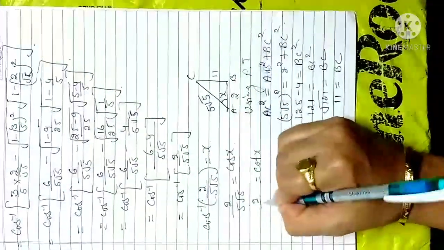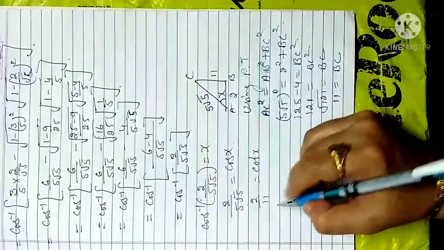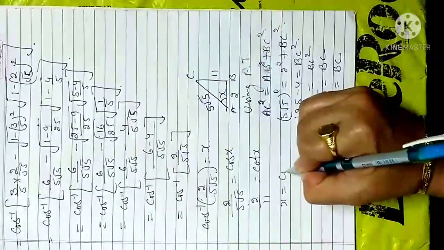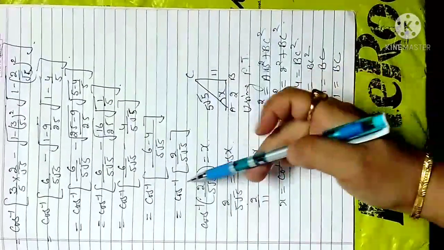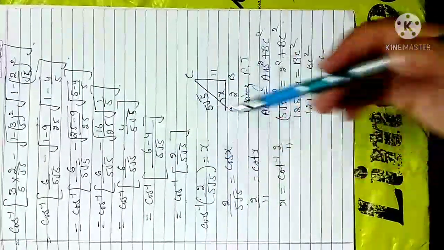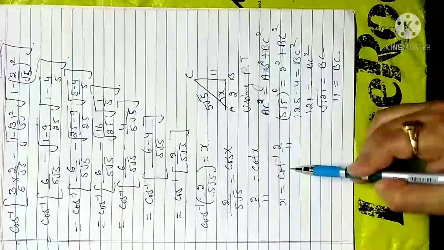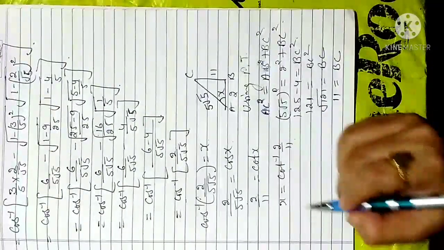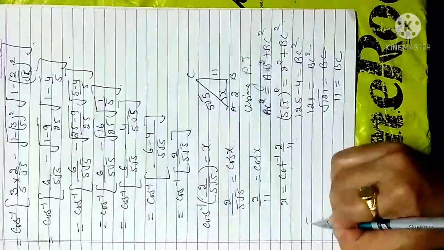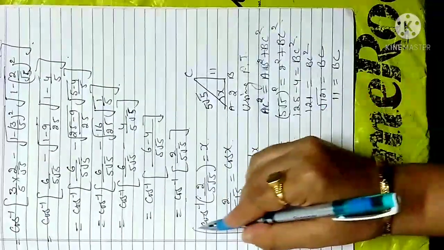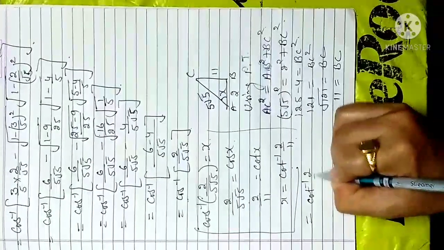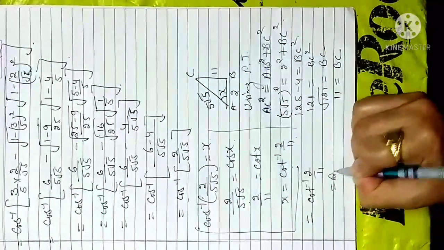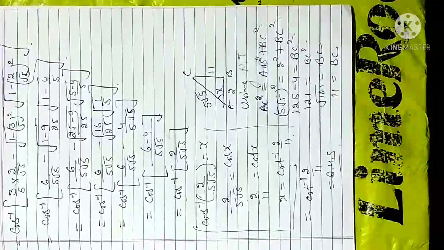So that is 2 by 11. When you move here, x is equal to cot inverse 2 by 11. So that means cos inverse 2 by 5 root 5 is equal to x is equal to cot inverse 2 by 11. So if you replace this one, because this is your middle part, as cot inverse 2 by 11, that is exactly equal to your right hand side.